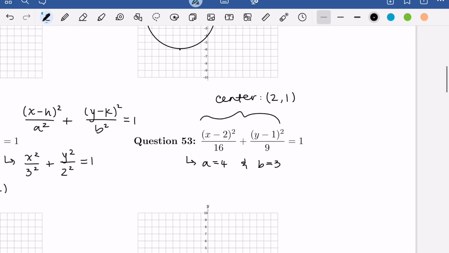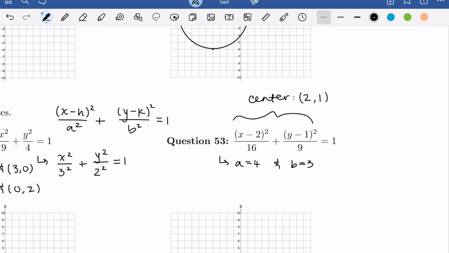So that's exactly what we're going to do here, and I'm just going to write this out in words. So this is going to be an ellipse with center at the origin, so that would be 0, 0. And in this case, if we just pretend it's at the origin for a minute, we're going to give our x and y intercepts.